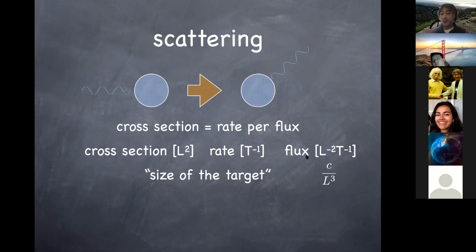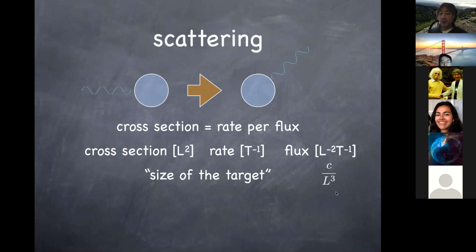But box normalization is periodic in space, right? So if we have a photon going through the box, over a time interval of L over c, the photon comes back from one edge of the box to the other edge of the box because it's periodic. So the photon is there inside the box for every time interval of L over c.